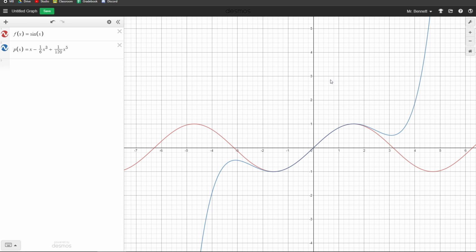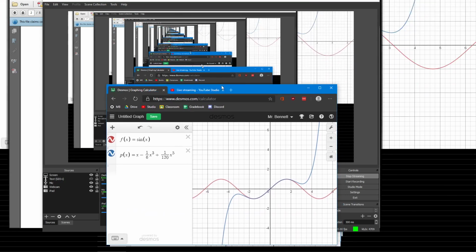If you did know a few of the derivatives, especially those evaluated at 0, then you could approximate that function with a polynomial. And polynomials are very easy to evaluate, because it's just adding, subtracting and multiplying.